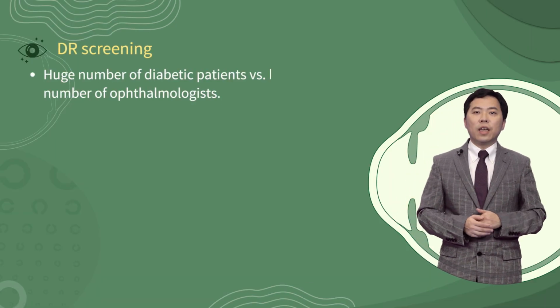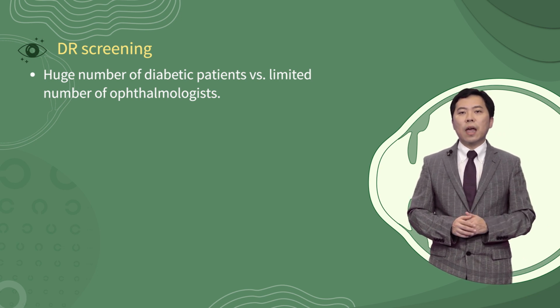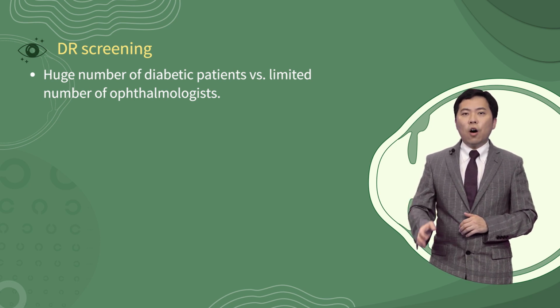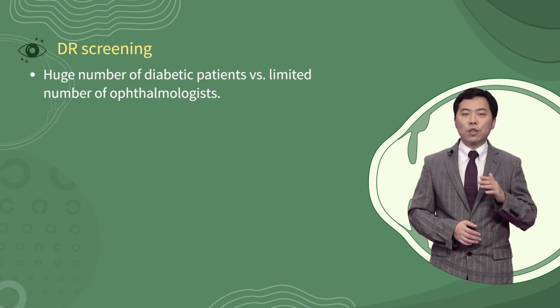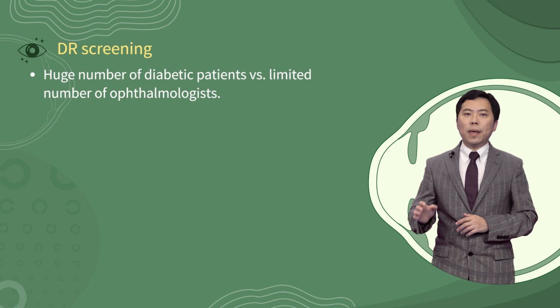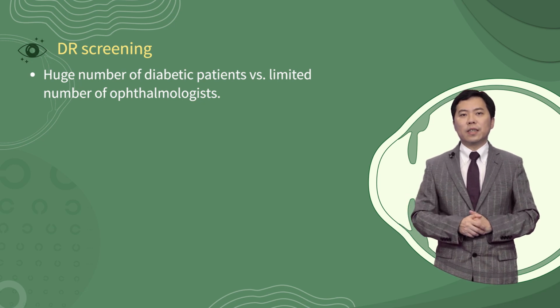As we mentioned, there are a vast number of diabetic patients, but the number of eye doctors is limited. However, not all the patients need to see an ophthalmologist. A screening system is critical to pick up patients with moderate NPDR or severe cases.